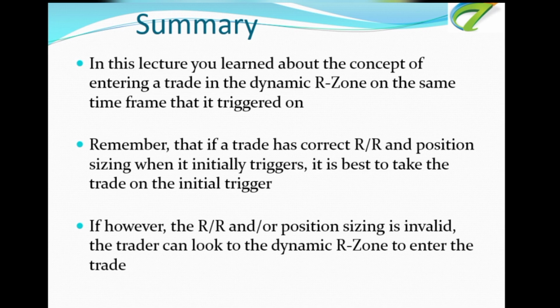If, however, the reward risk ratio and our position sizing is invalid, the trader can look to the dynamic R zone to enter the trade. In the next lecture of R zone, we will study in depth with more practical examples.